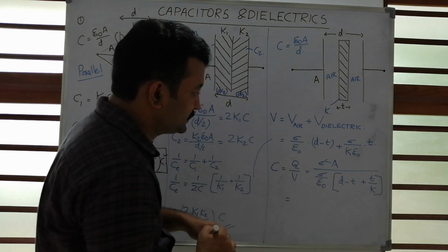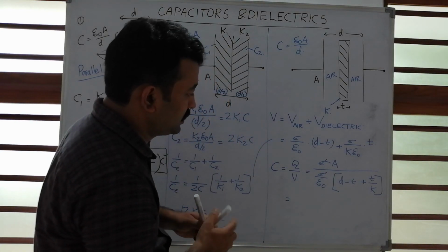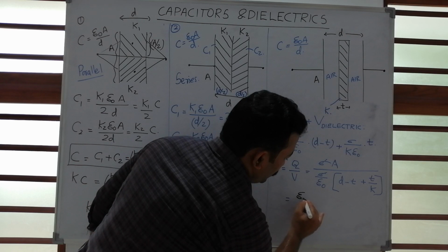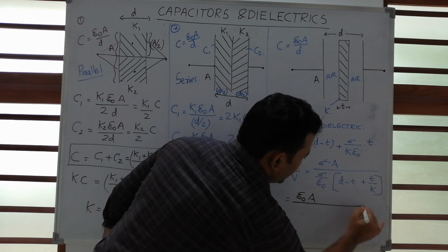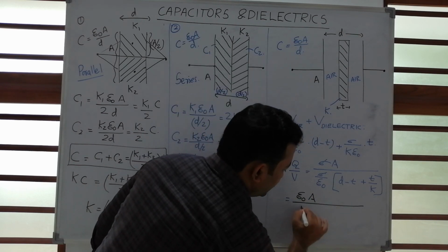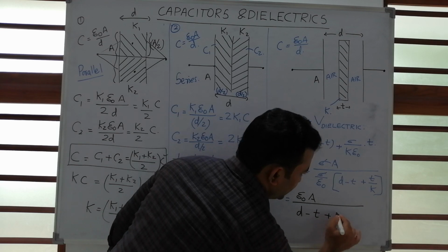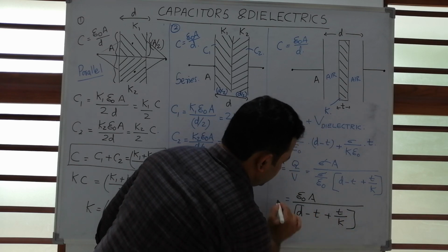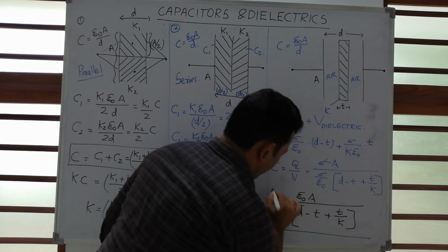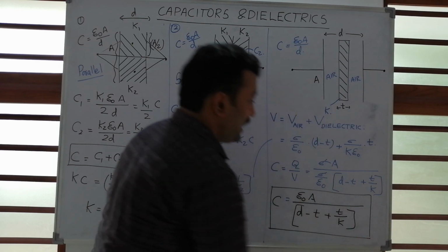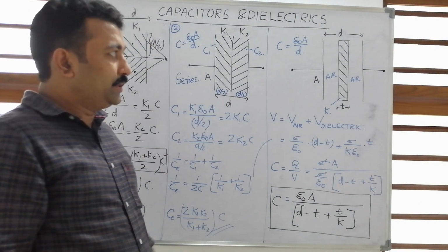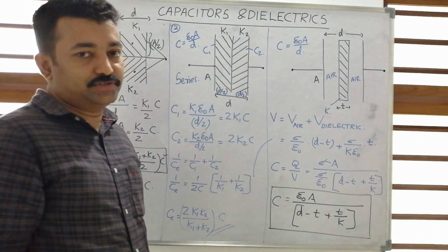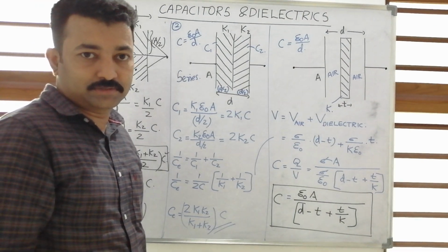The expression we get is epsilon 0 A divided by d minus t plus t by K. This is the capacity when a thin slab of thickness t with dielectric constant K is introduced between the plates.